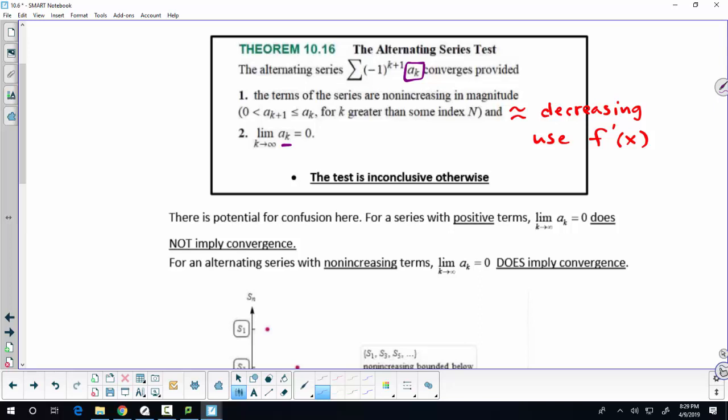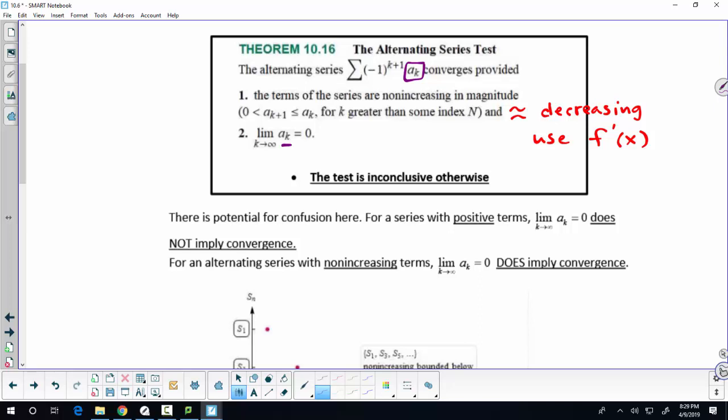And so the note here is there is potential for confusion, because for a series that has positive terms, the second item is just the divergence test. But that's not what this test is with respect to an alternating series. Something goes here. Well, it has to go to 0. The non-alternating portion has to approach 0, and the terms have to be non-increasing.